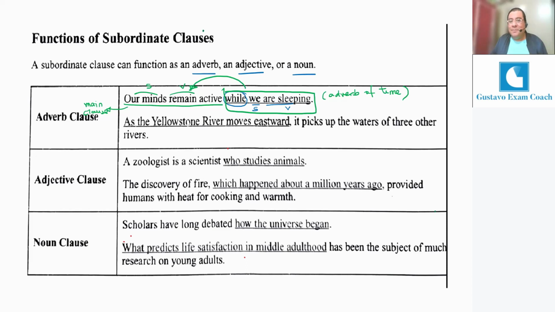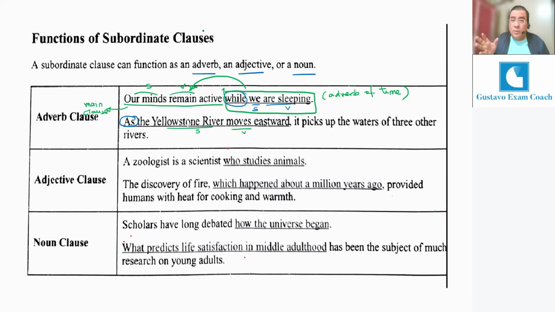So let's see another example here. "As the Yellowstone River moves eastward, it picks up the waters of three other rivers." Okay, the Yellowstone River is the subject in this subordinate clause, "moves" is the conjugated verb. We have our subordinator, "as," which in this context pretty much means the same as "while," right?